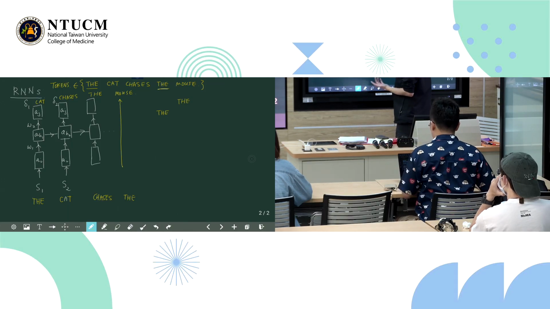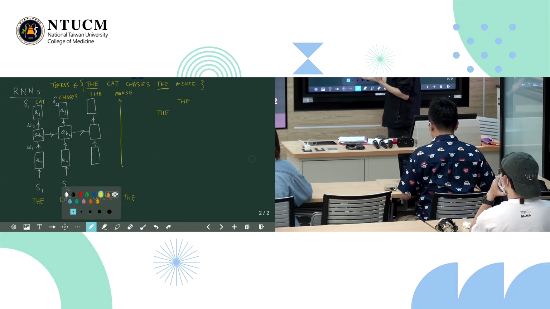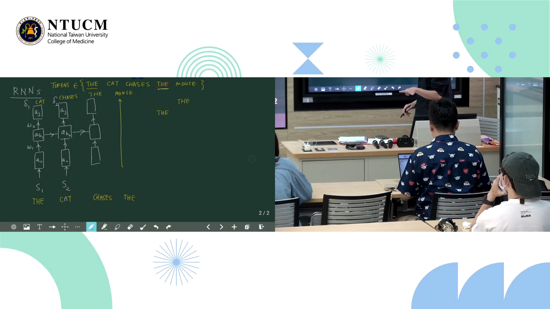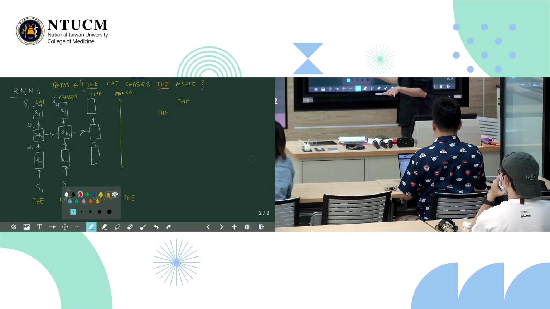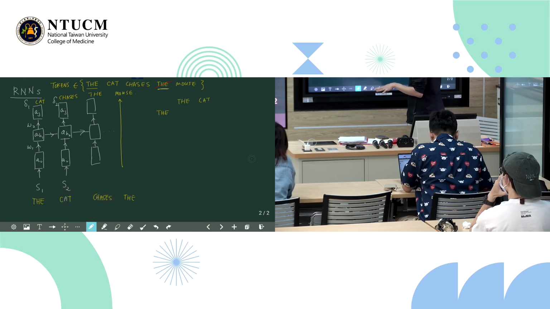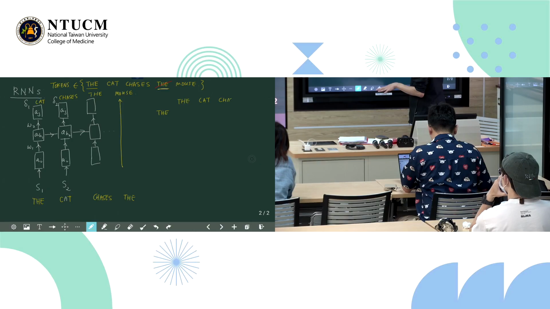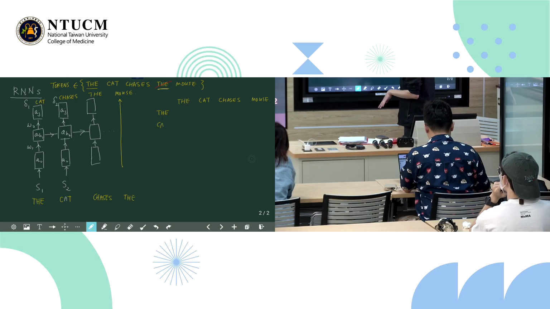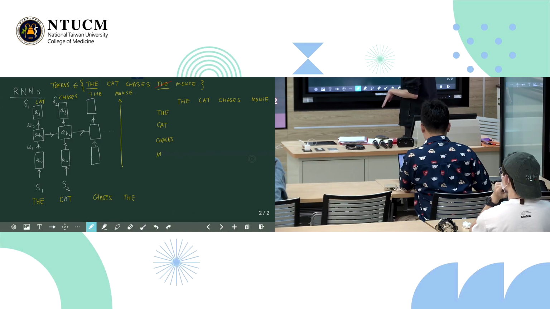Okay? And tokens must be unique. So we only have 4 tokens in this sentence, right? And essentially, you have the cat chases mouse. Okay? The cat, and you can make a token-to-token transition matrix.